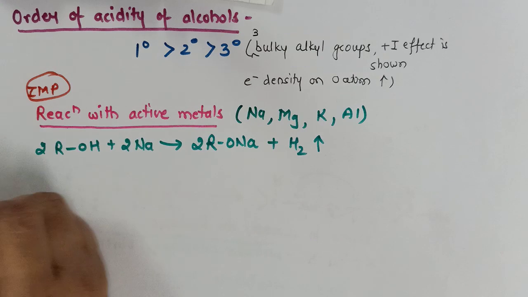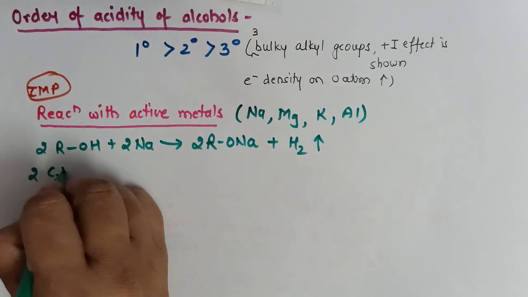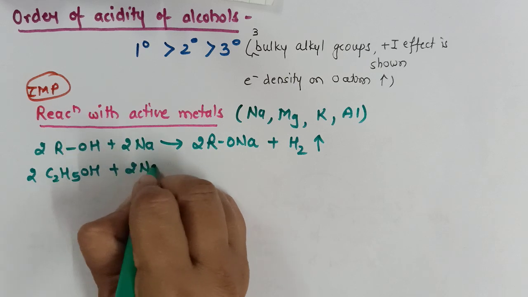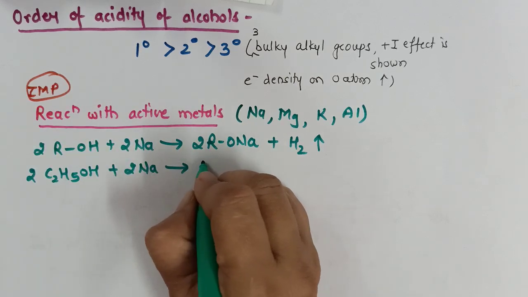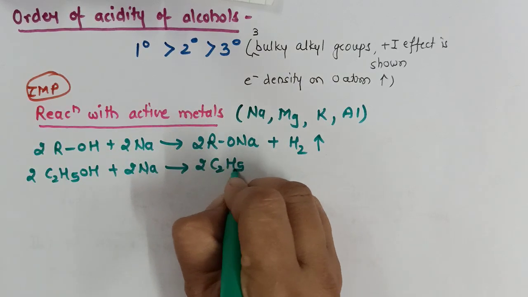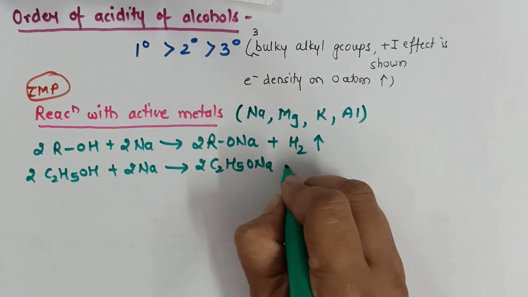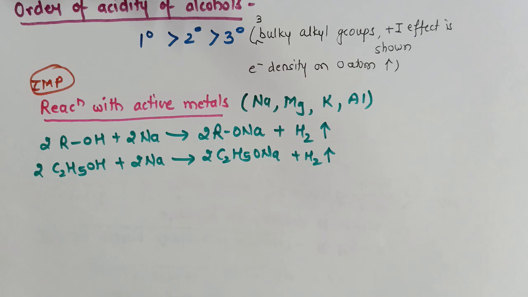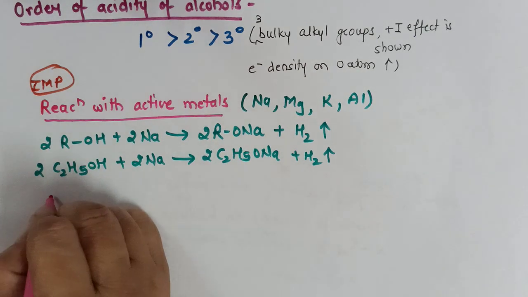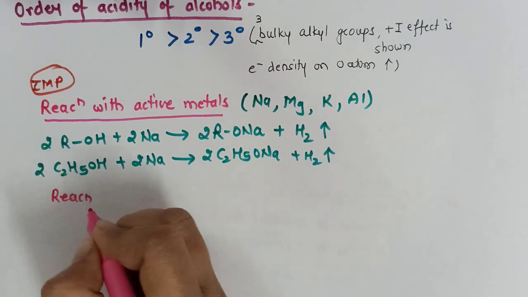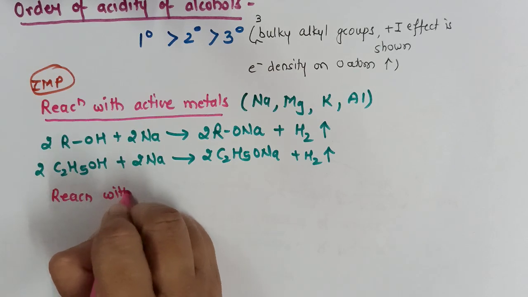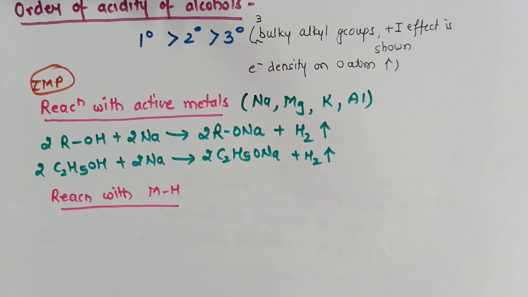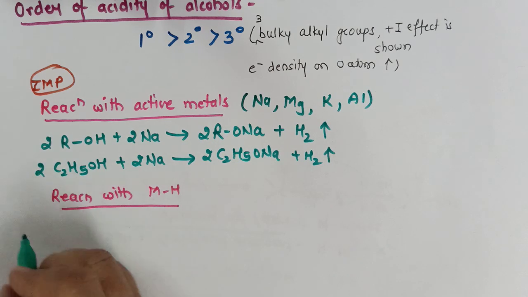Let us take one example, the simplest example: ethanol, when treated with sodium, gives sodium ethoxide and hydrogen gas is released. The next reaction which can prove the acidic nature of alcohols is reaction with metal hydrides. The reaction occurs in the same way.